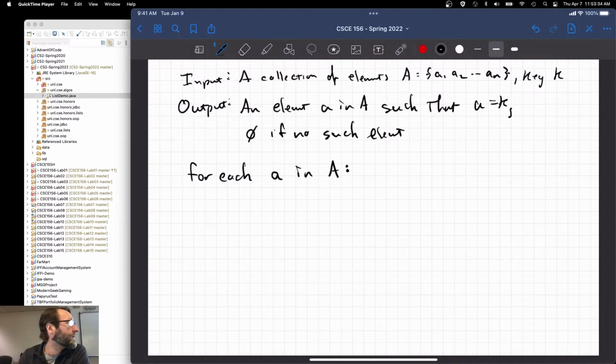If anybody knows any Python, you have this colon, and that's how you start a loop block. If a is equal to K, stop and output a. Did I put curly brackets? No, I was kind of Python-y.